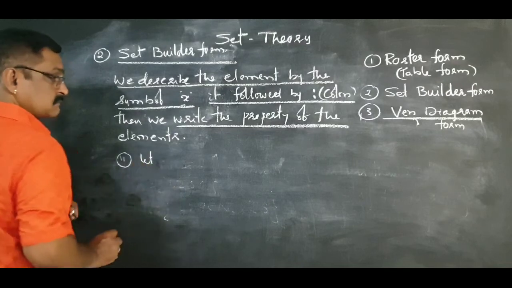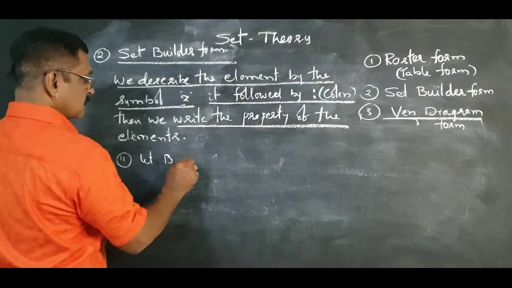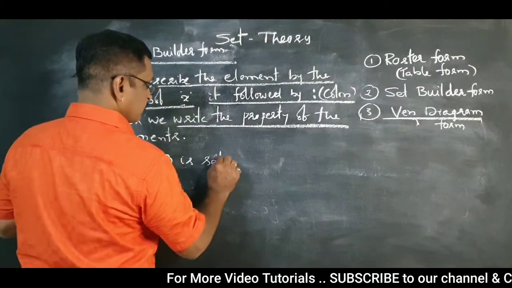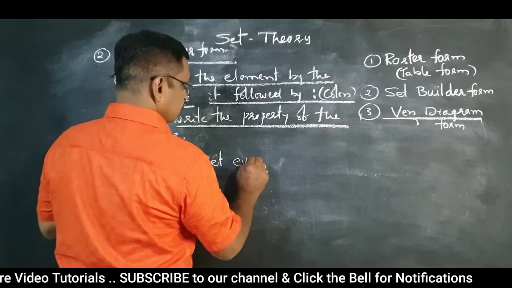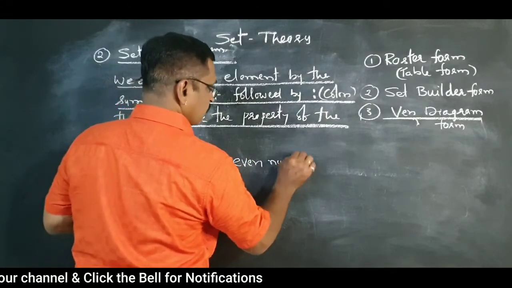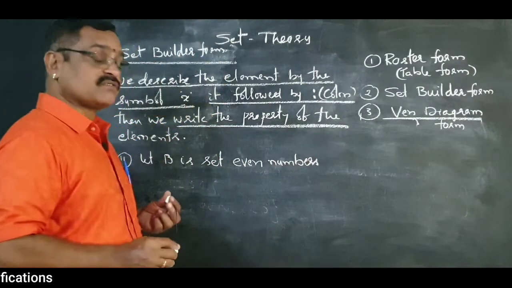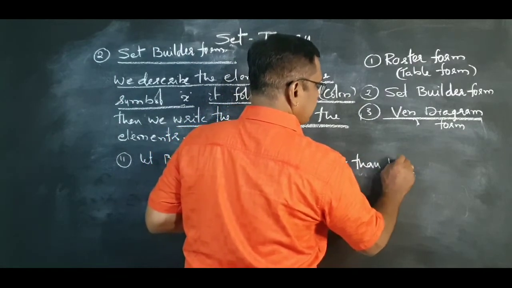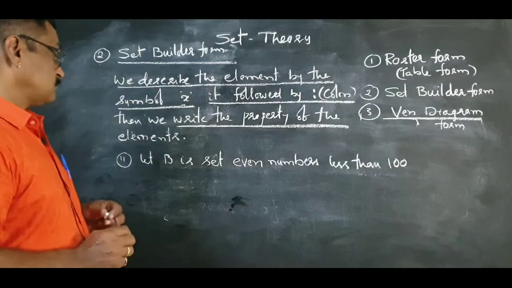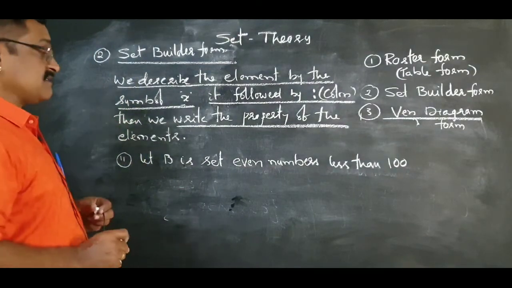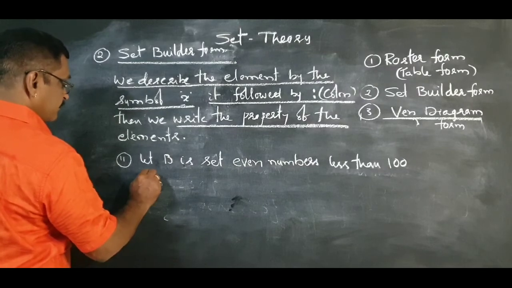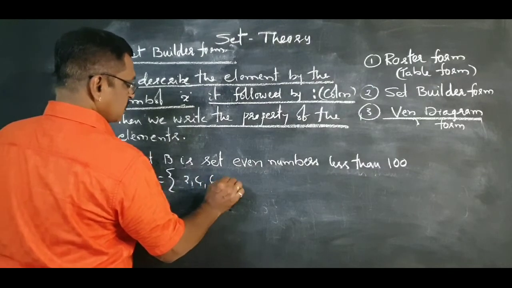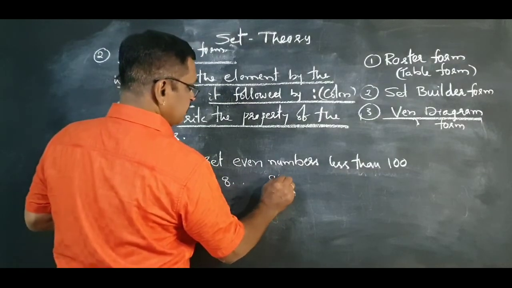Let capital B be the set of even numbers less than 100. First, let me write it in roster form. B is equal to 2, 4, 6, 8 and so on up to 98.